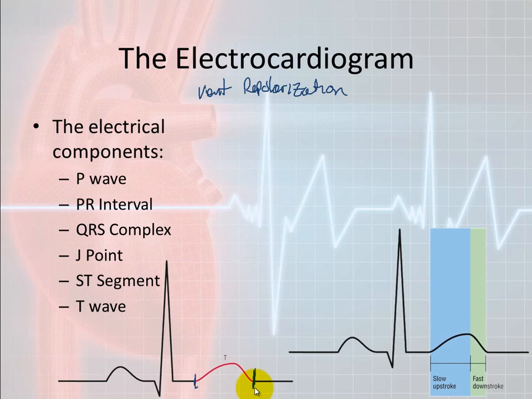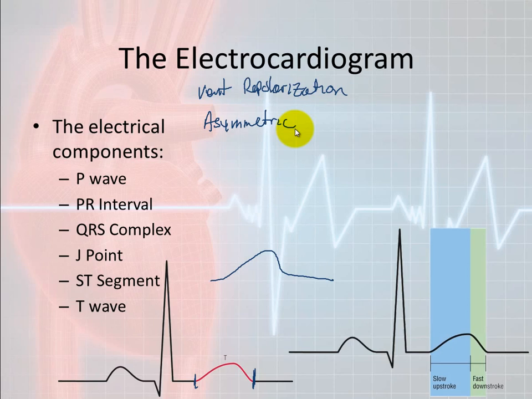Now, if you look at the T wave, it has a specific shape to it. As you can see here, it has kind of a slow upstroke, and then it'll have a more rapid downstroke. Okay? Now, this T wave must be asymmetric. So it has a slow upstroke and a fast downstroke.